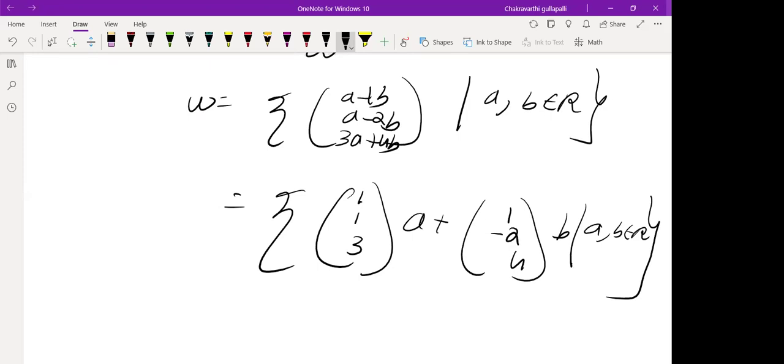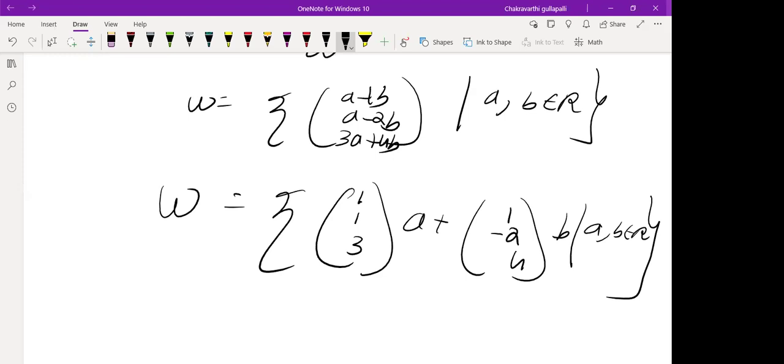Every vector in W, what is the meaning of this? W contains how many vectors? 2 vectors? 2 vectors, 3 components? Huh? W contains how many vectors? Infinite, ma'am. Infinite number of vectors.